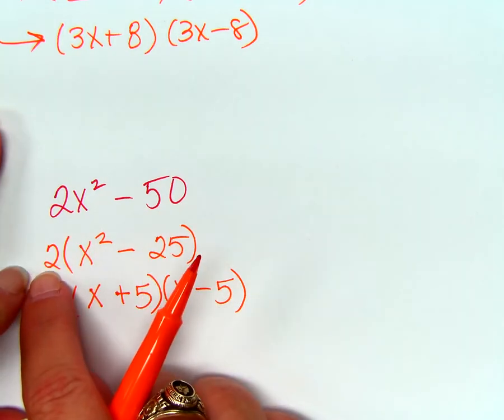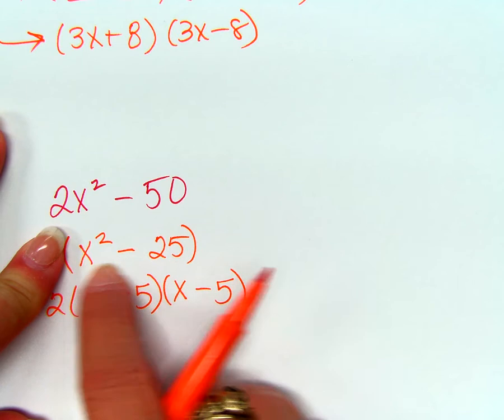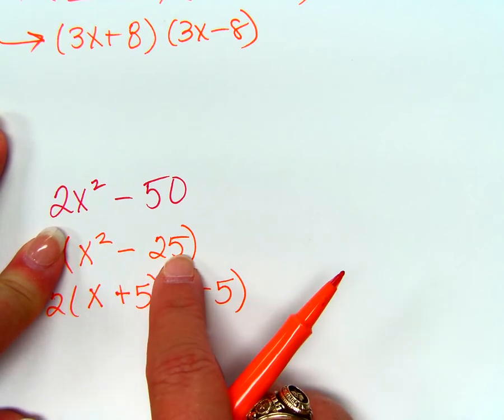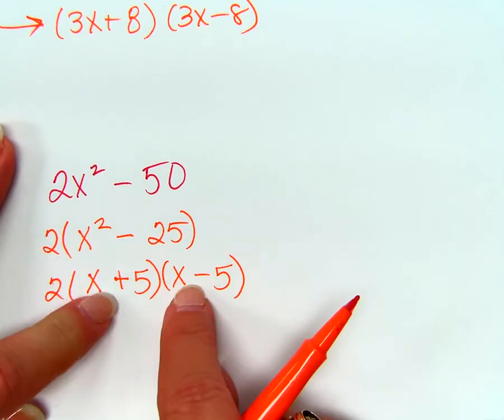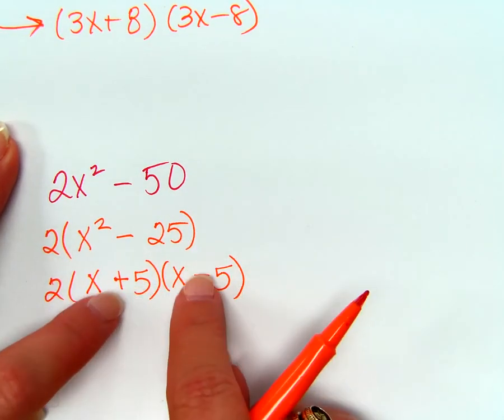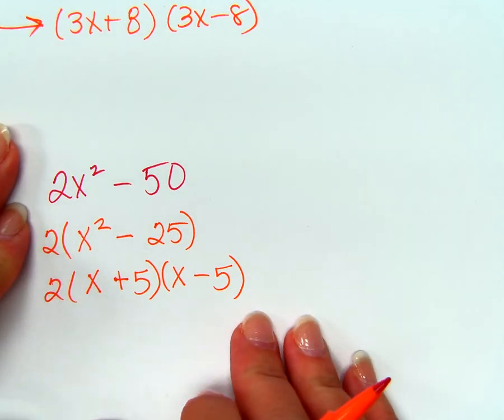So if I factor out a 2, I get x squared minus 25. And I notice that is the difference of squares. X squared is a square, 25 is a square. So I give myself two binomials. The square root of the first term goes in the front of each. The square root of the last term goes in the back of each. And I give myself opposite signs. Okay? Does that help? Awesome.